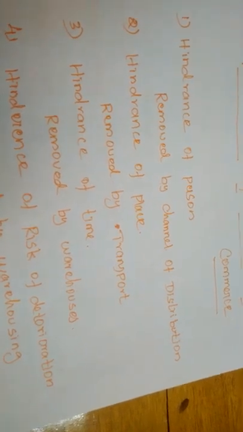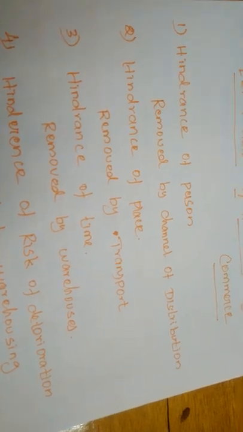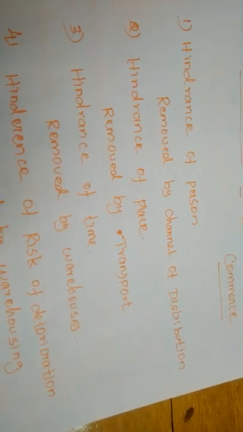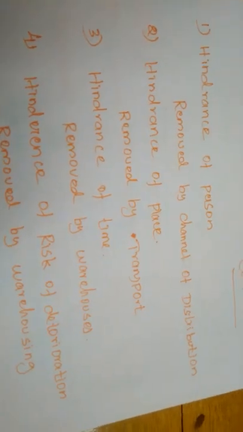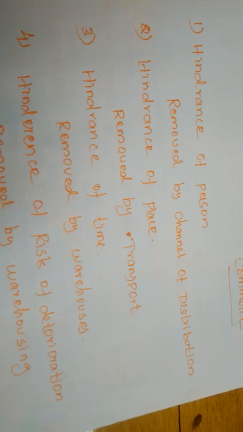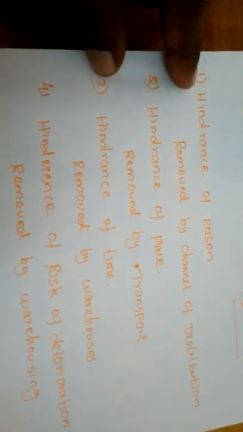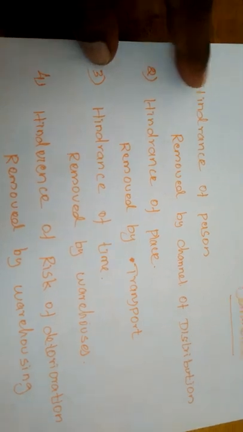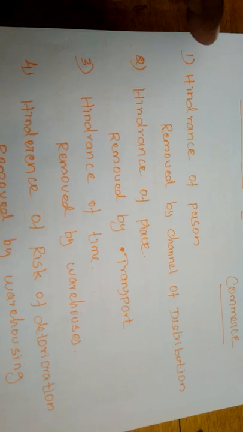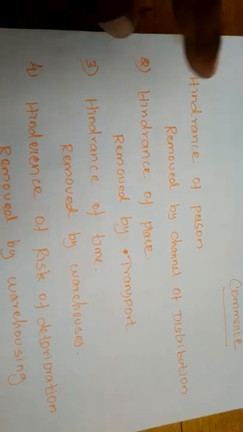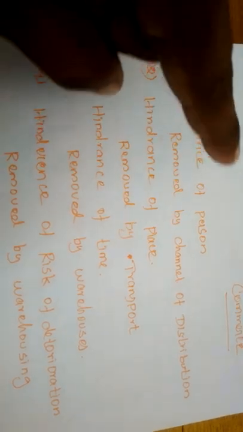How will the hindrance of persons be removed or eliminated? For that, one of the aids to trade, the channel of distribution, removes the hindrance of persons. The hindrance of persons means the absence of direct contact between consumer and producers, and it is removed by the channel of distribution.